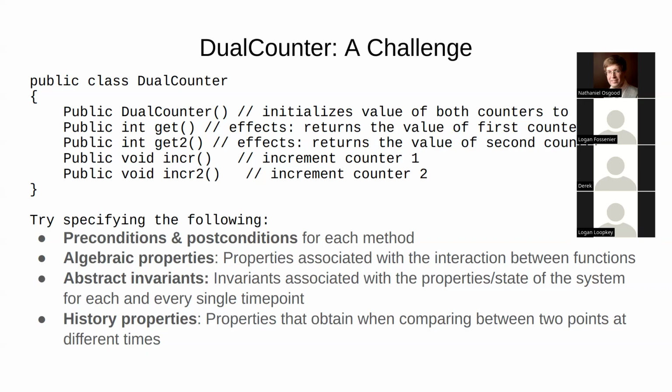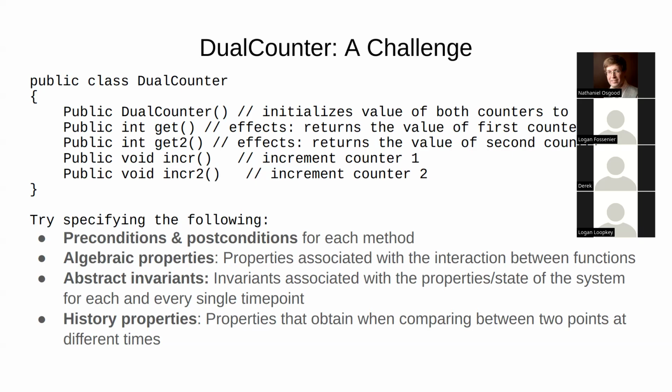If I get here, you're saying at this time, Matt, the value of get is what? How does it compare to S? Greater than or equal to S. And get2 is greater than or equal to R. Right?